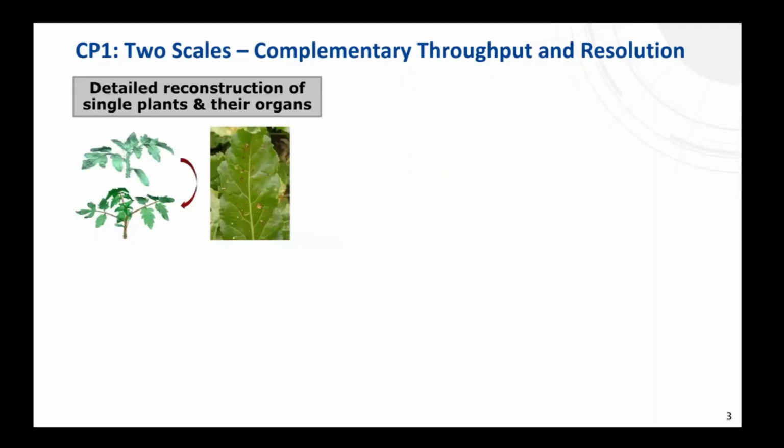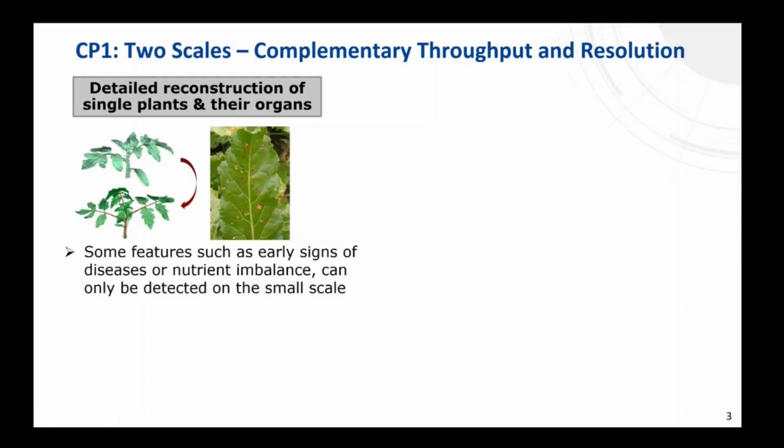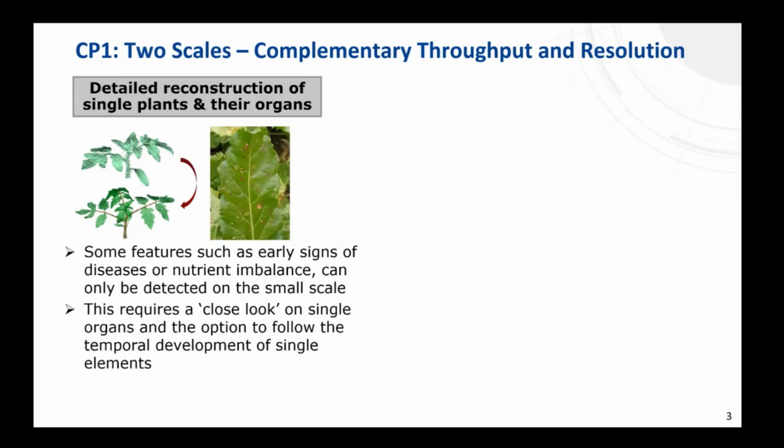And CP1 addresses basically 2 scales. One is about detailed reconstruction of single plants in the field and their plant organs, so that we may recognize such spots and track their development over time to maybe have an idea about the plant disease.